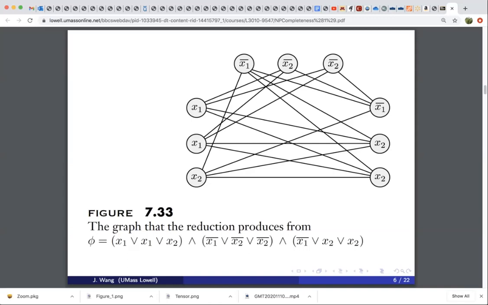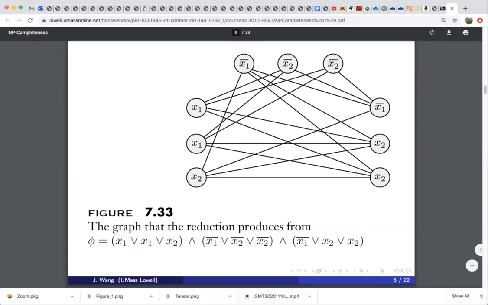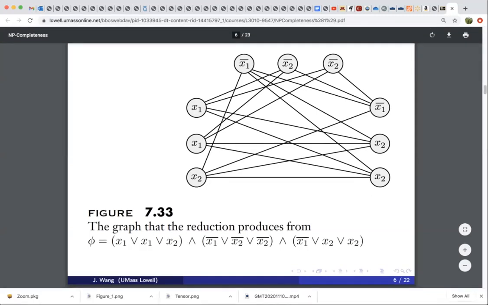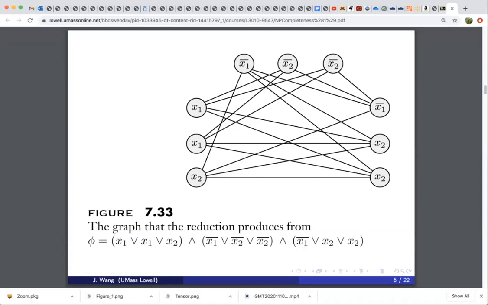Then x1 bar, x2 bar, x2 bar. And then x1 bar, x2, x2. Then I put these nodes here so that they represent clauses. There are no edges between these nodes in each triple. This is called a triple.